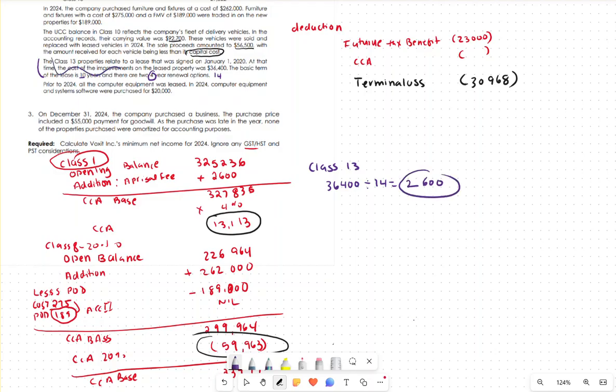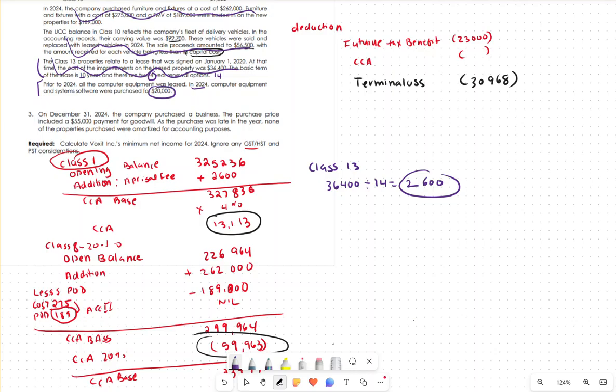We dealt with that. Now we are dealing with computer equipment, which is my class number 14. What are they saying here? Prior to 2024, all the computer equipment was leased. In 2024, computer equipment and system software were purchased for $20,000.